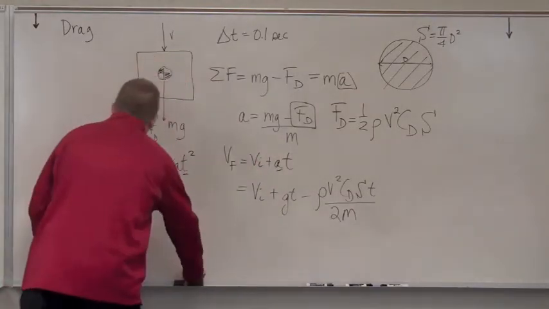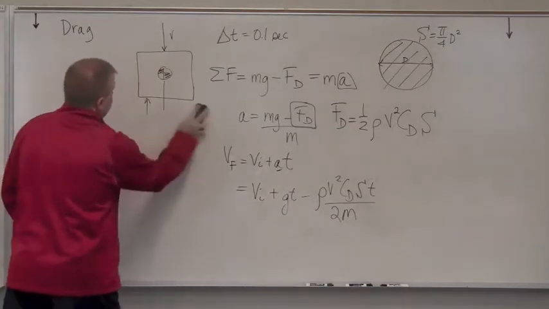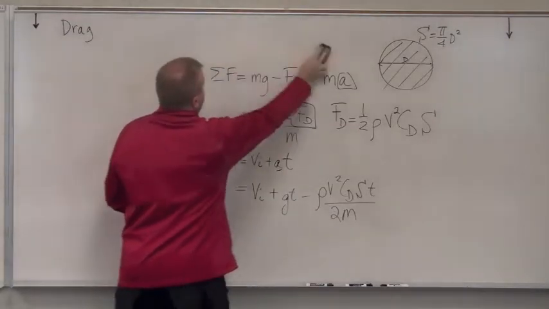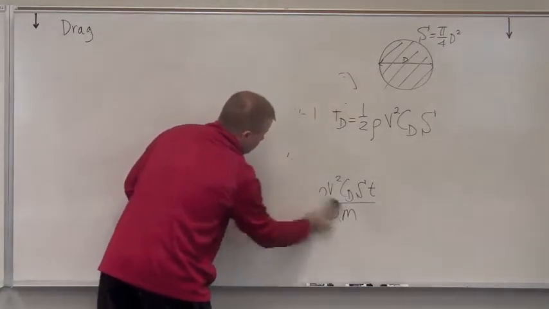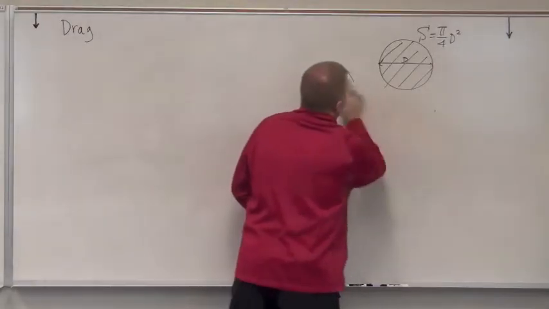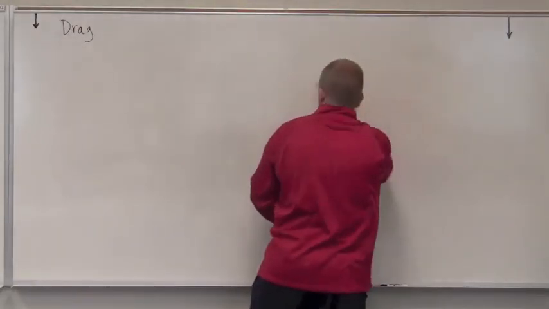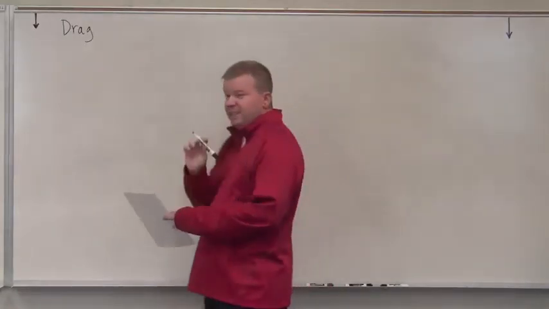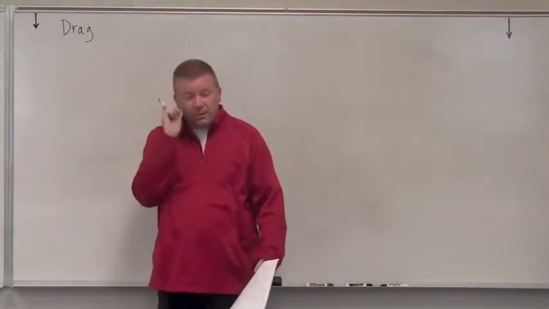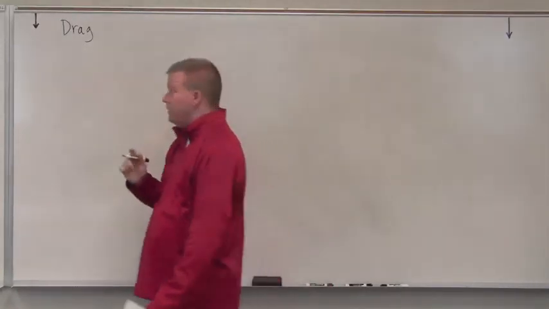So let me show you right quick. I don't have to do like Matt and stop the video and restart it. I can do this magic where I erase and still talk to you. So what we want to do is go through this step by step, because this can get confusing. I know you guys have probably never had to do this before, so I want to make sure you understand it.